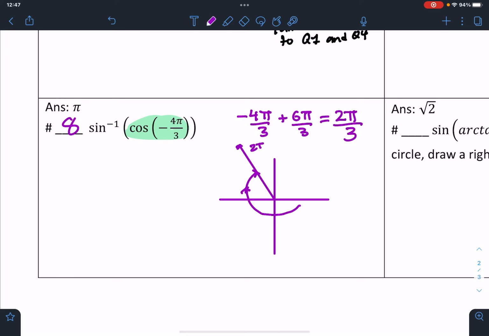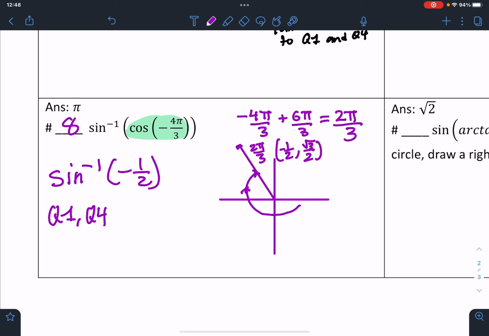But I hope that we see that we end up at 2 pi over 3, which is negative 1/2, comma, square root of 3 over 2. The question asks for cosine, so that's my x value. So I have sine inverse of negative half. I know sine inverse is quadrant 1 or quadrant 4.